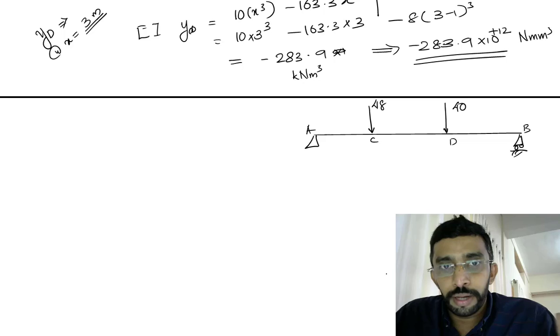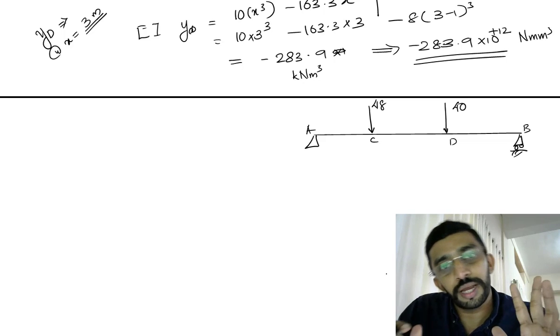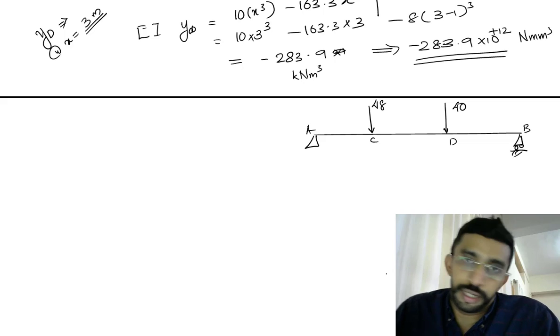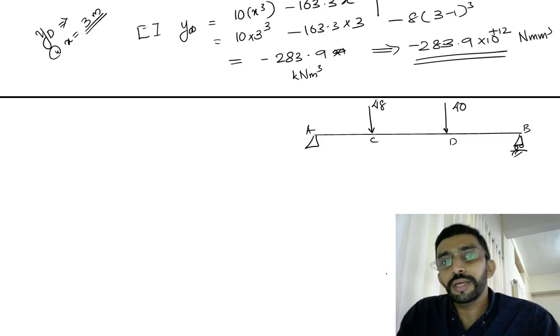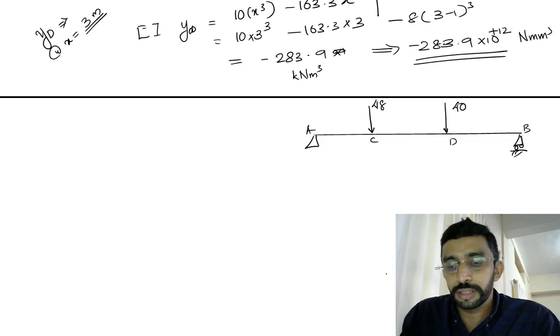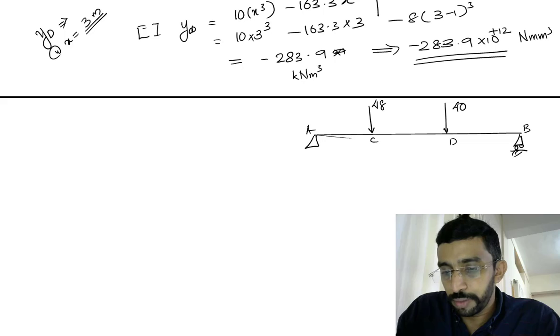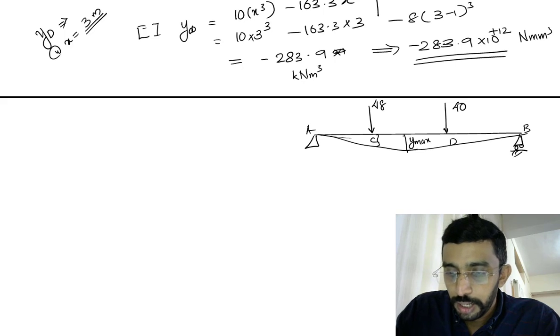So the intuition is that maximum deflection can be in between C and D. That kind of intuition should be there. It's a bit tricky for some questions, but for this question it's very simple. Here you have YC, but somewhere here you have a Y max. That means Y max is located somewhere between C and D.